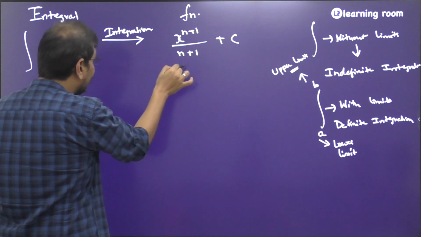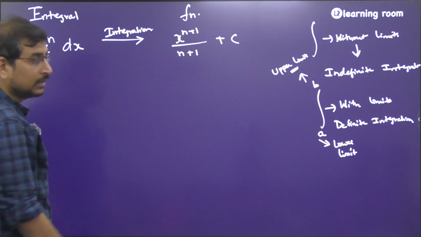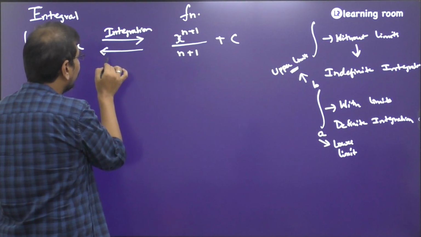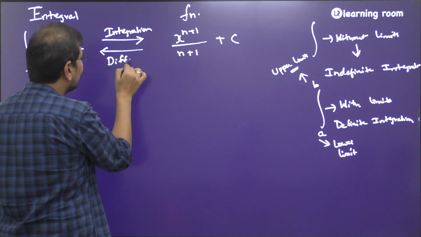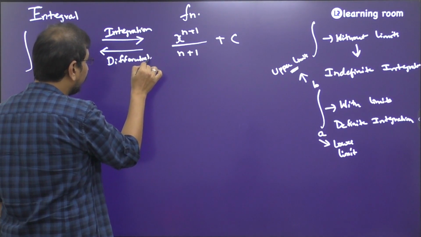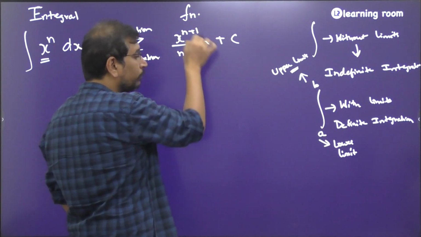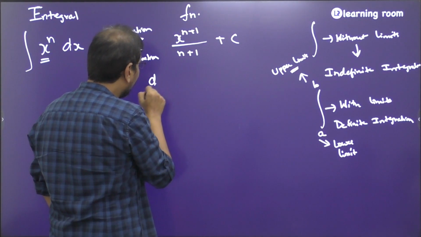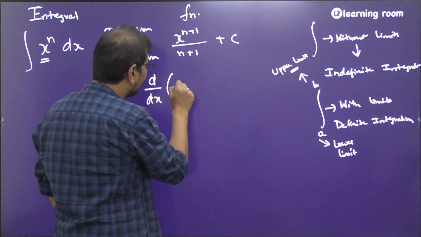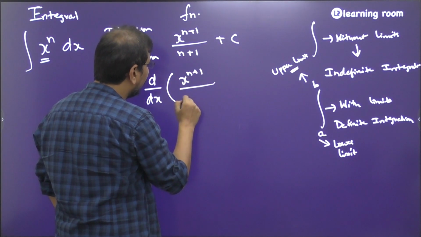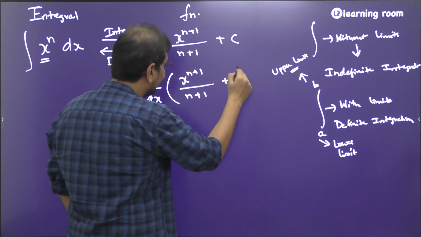So from x power n plus 1 by n plus 1, if I need to get x power n, I need to follow the reverse process, which is called as differentiation, right? So if I ask you to differentiate this, what will you tell me? D by dx of x power n plus 1 divided by n plus 1 plus c.